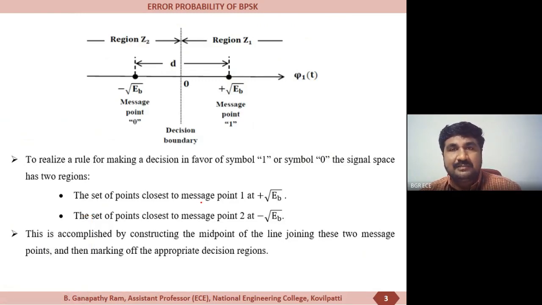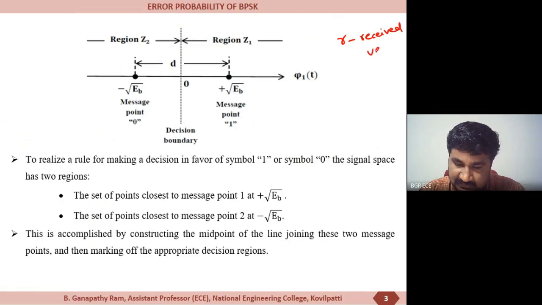And there will be a threshold that should be used in the receiver in order to compare with the received vector. Let the received vector be R, then lambda represents the threshold value.